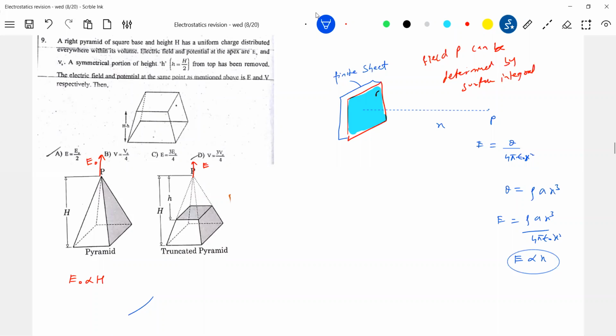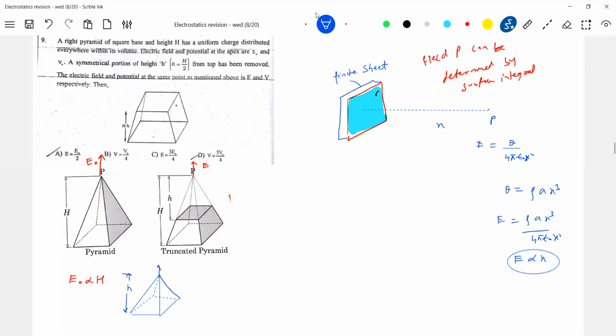There is a pyramid of height h, small h, the truncated one, the removed portion.